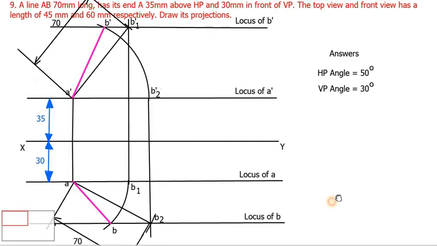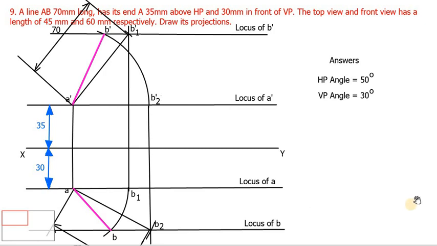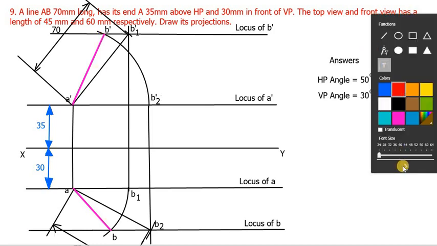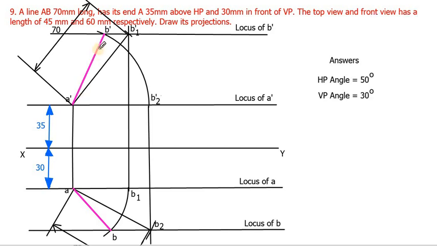So that's all. We have drawn the required lines. Clear? So if you want, you can mention the theta value, that is 50 degree here and 30 degree here. Okay. So after finishing the drawing, you can check whether your answer is correct or not by drawing the end projector. End projector is nothing but the line that is drawn from B dash to B. So I am using a different color for your understanding.